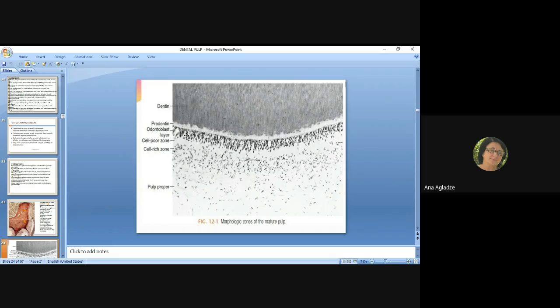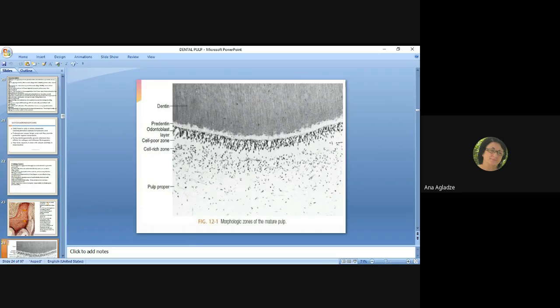Beneath the odontoblast layer lies Weil's zone, the cell-free or cell-poor zone. This layer is not truly cell-free, because under the electron microscope it was revealed that it contains a lot of fibers and processes, but this layer has no cell nuclei, and it may be called the nucleus-free layer.